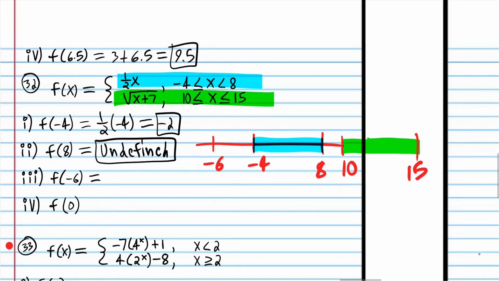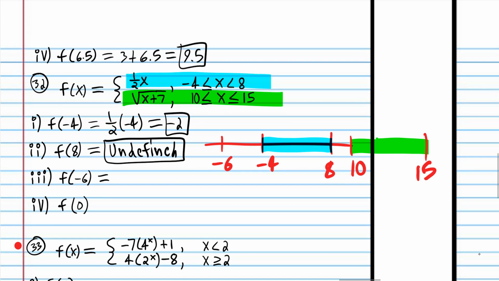The distances here are not exactly accurate, but we don't really care about that. So if we plug in -6, we're not going to use the blue equation or the green equation. The function is not defined for -6. So we just say undefined.